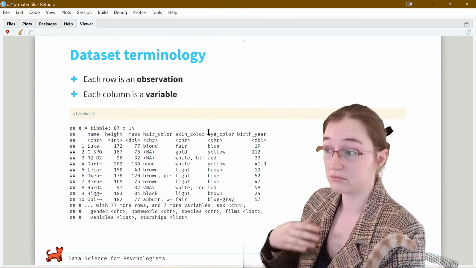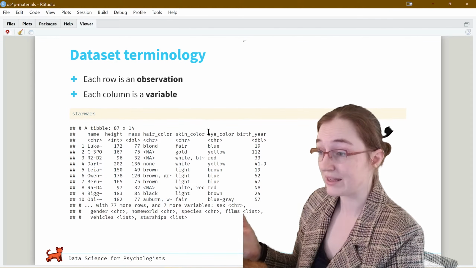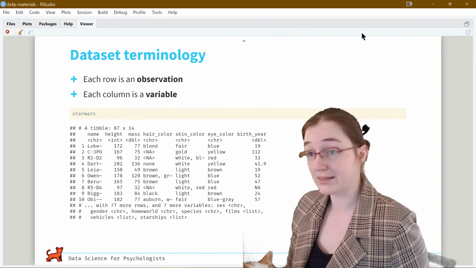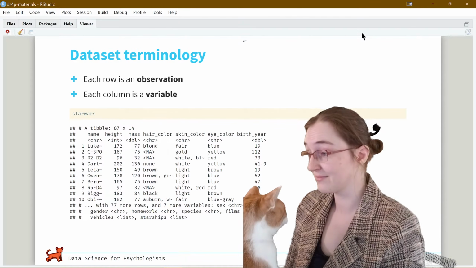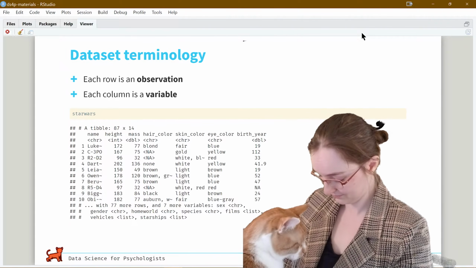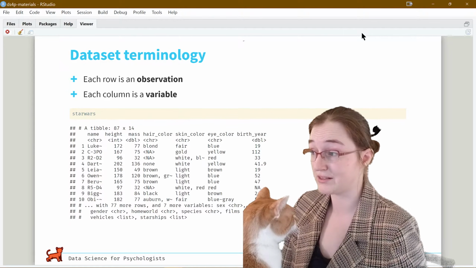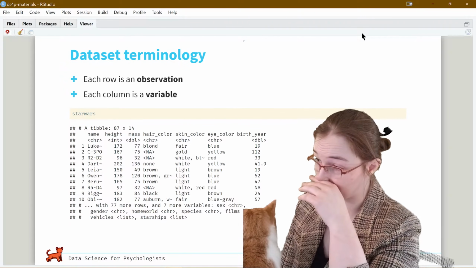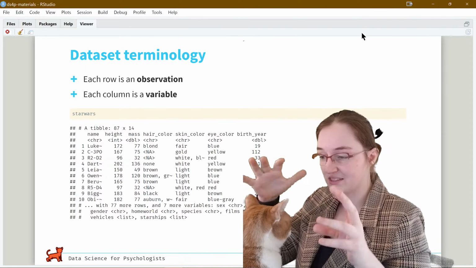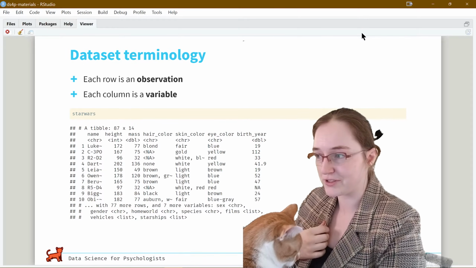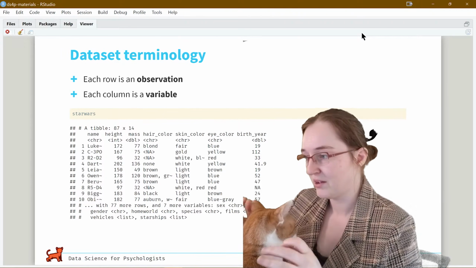Each row is an observation, and each column is a variable. I'm showing you this in a Tibble, which is kind of like a cleaned up data frame, but it's just a slightly different way to structure your data. But the idea is still the same.